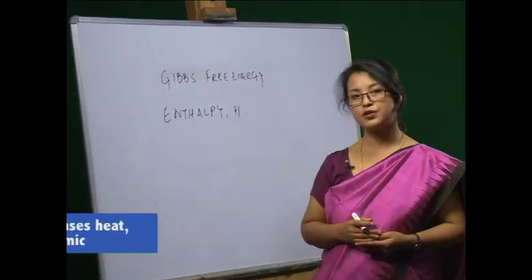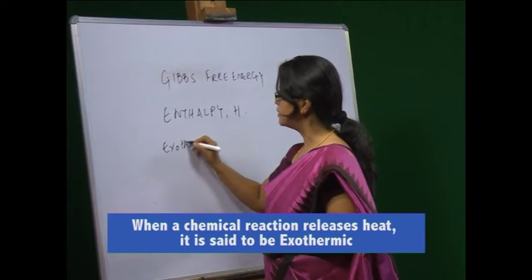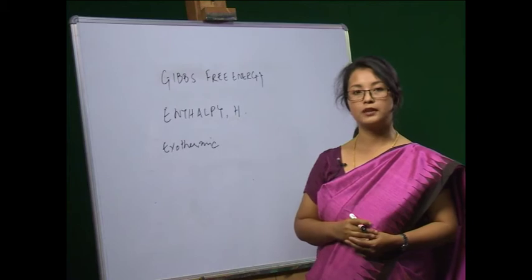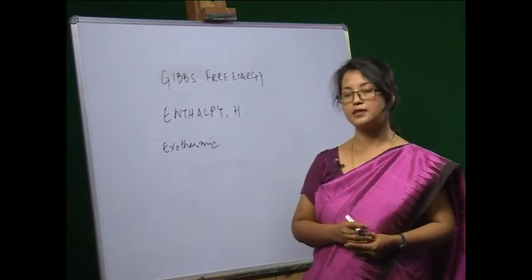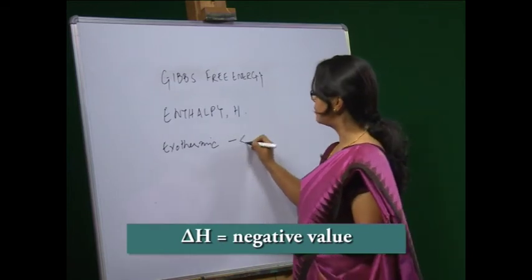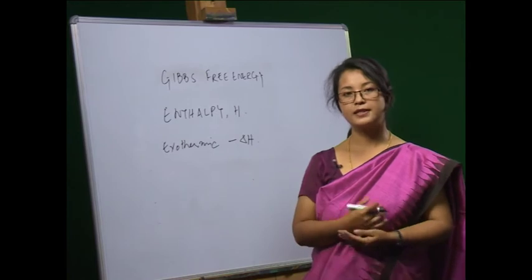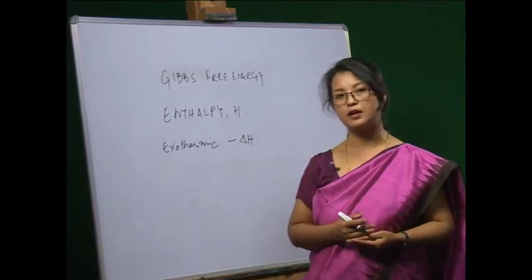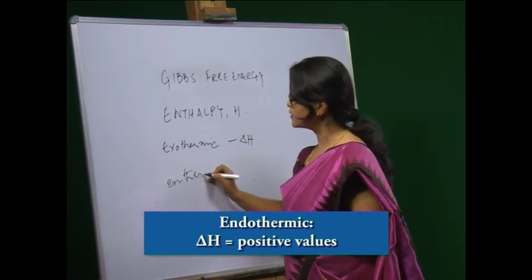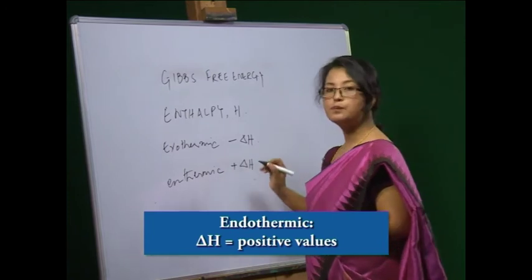When a chemical reaction releases heat, it is said to be exothermic, and the heat content of the products is less than that of the reactants, and delta H has, by convention, a negative value. Reacting systems that take up heat from their surroundings are endothermic, and in such cases, the delta H has a positive value.